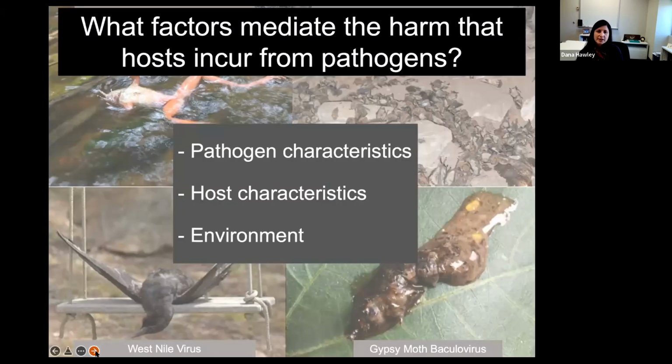And then finally, there are effects of the environment. So it doesn't just matter what the particular host and pathogen characteristics are, but also the environment in which that interaction takes place. So my lab has done some work and continues to do some work in this area too. I'm not going to have time to talk about it today, but we most recently have found that if we house birds at distinct ambient temperatures and give them the same strain of pathogen, we see very distinct degrees of virulence experienced.